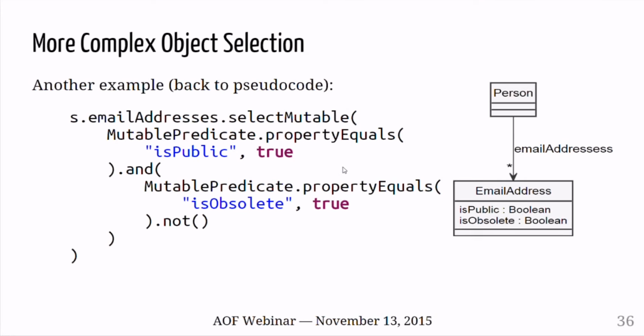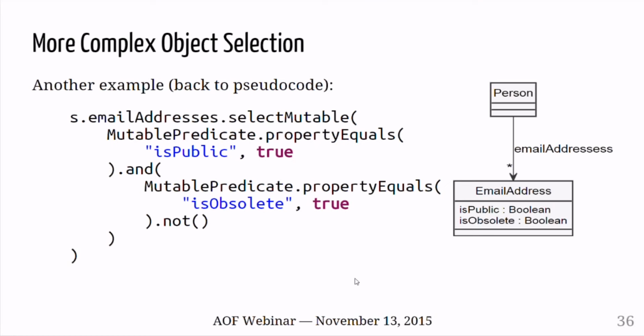And then, of course, using this kind of mutable predicates, we can combine these property builders. For instance, here we can check that isPublic is true and isObsolete is not equal to true. And this will correctly propagate predicate information into the select table, which will therefore correctly propagate changes.